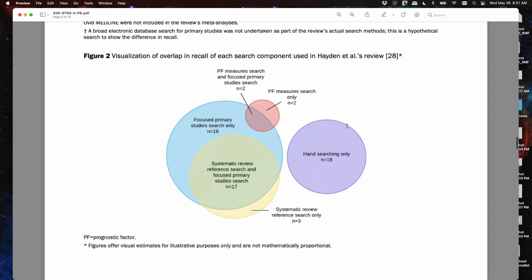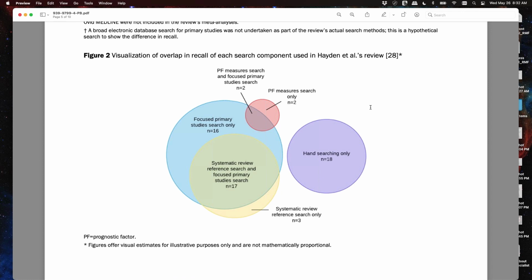Okay, and what you can see in figure 2 is basically that some of the search methods overlap and have an important overlap, but all search methods which they named supplementary, such as hand searching and all the other different things they consider supplementary, did not have any overlap at all with the other search methods.